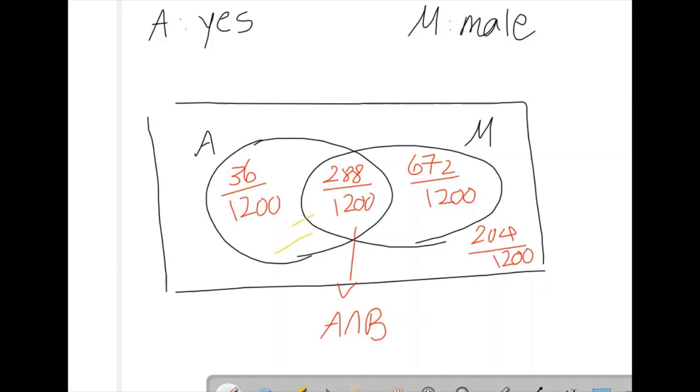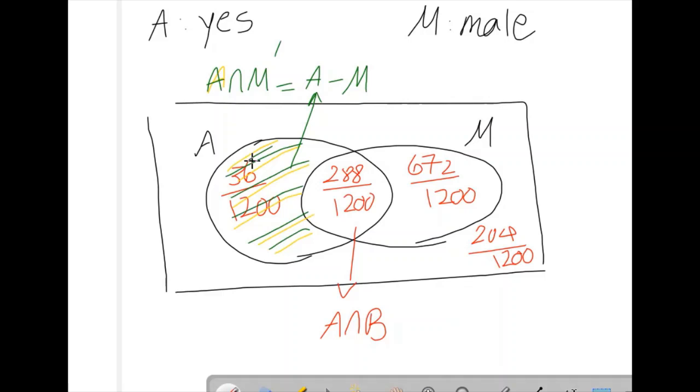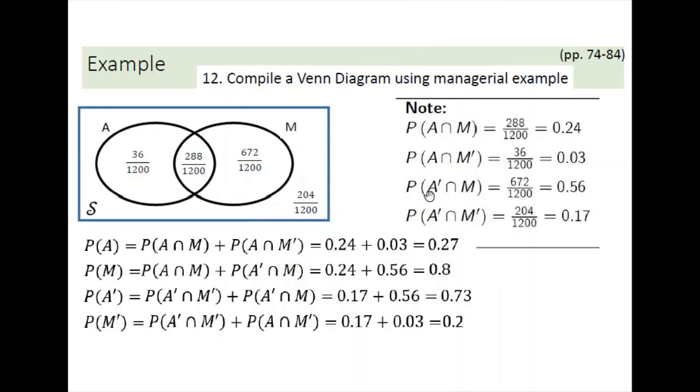It's A minus M. A prime intersection M is just M, this part, which is 672 divided by 1200.